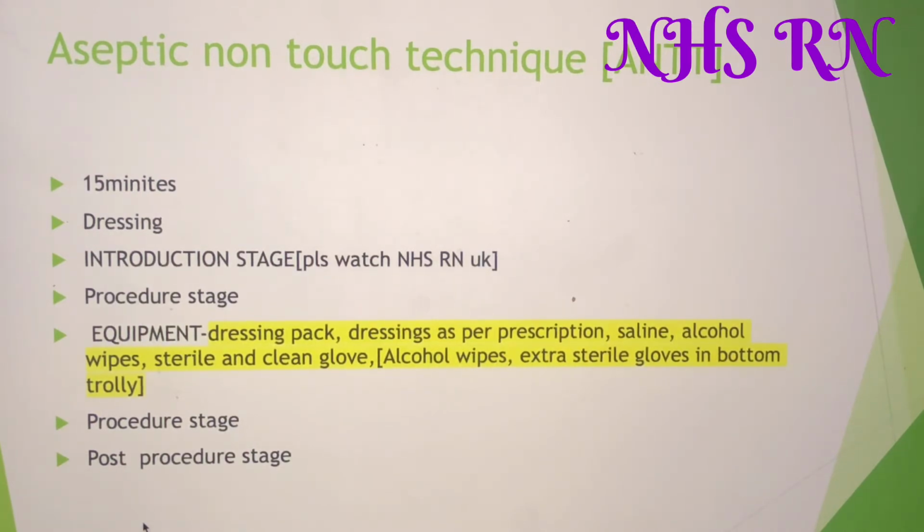I have put some common equipment for the ANTT. That's a dressing pack, dressing materials as per the prescription, saline, alcohol wipes, sterile and clean gloves, and extra sterile gloves on the bottom trolley.